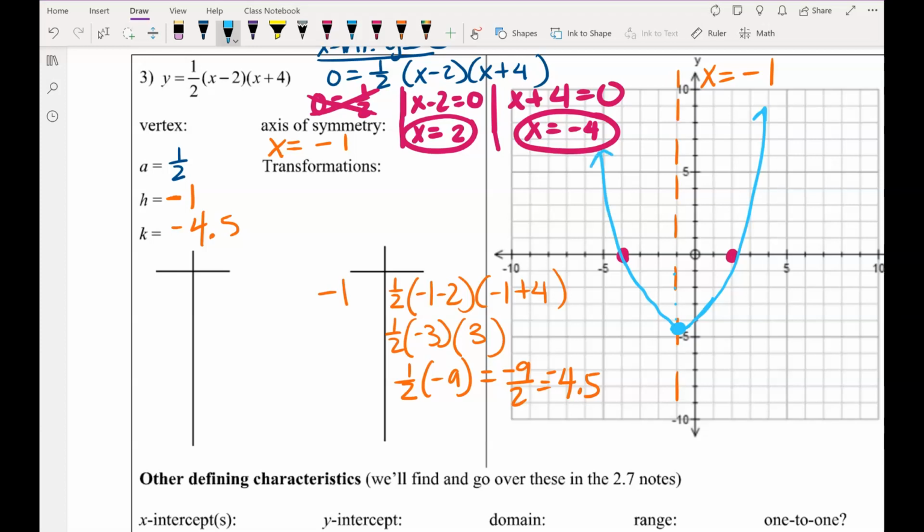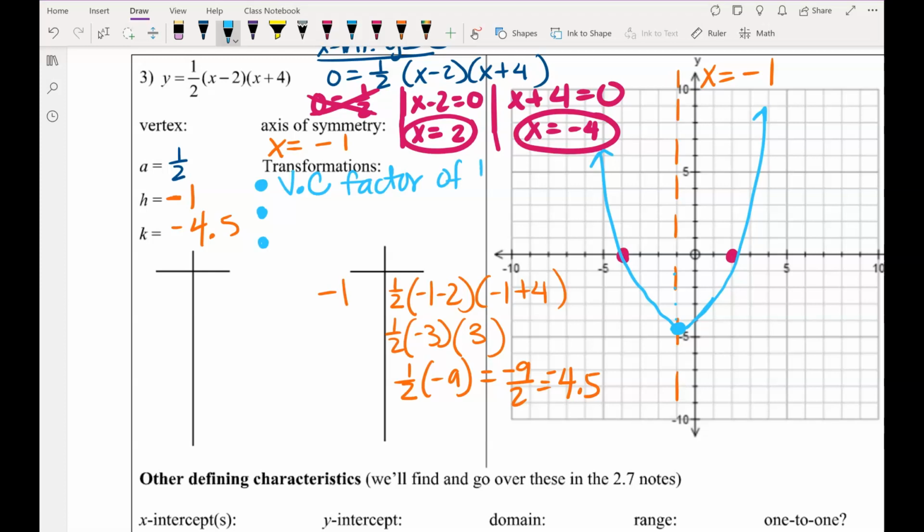Let's state the transformations. There are 3 total. All right, Grace, A equals 1/2. What is that transformation? That means it's gonna be a vertical compression, factor of how much?